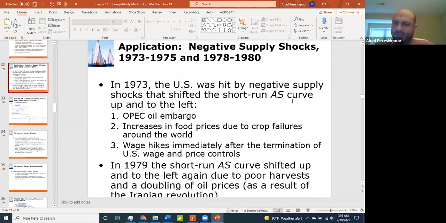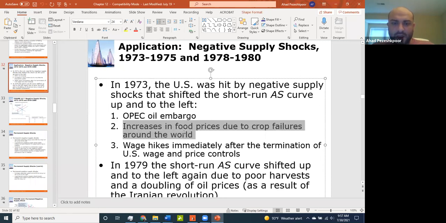Let's look at this example. In 1973, there was this Arab-Israeli war, and many countries issued an oil embargo on the United States to discourage the United States from selling arms to Israel. This caused a disaster.